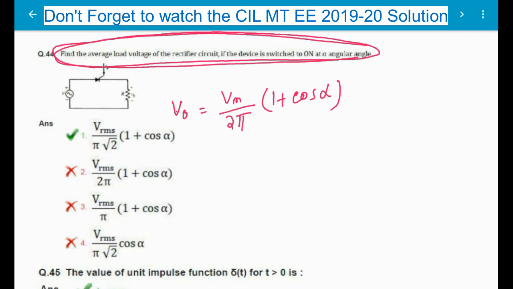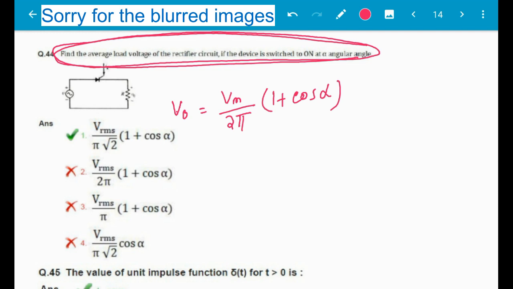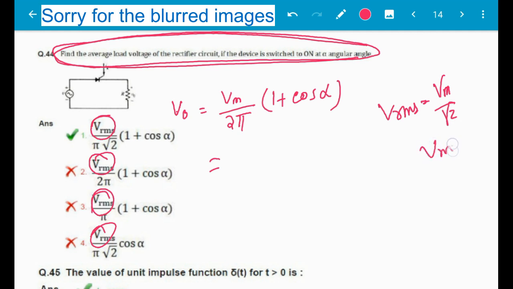Here Vm is given as the maximum value of source voltage. If we convert to the RMS value, because in all the options the RMS values are given, the RMS value is Vm by root 2, so Vm will be Vrms into root 2.